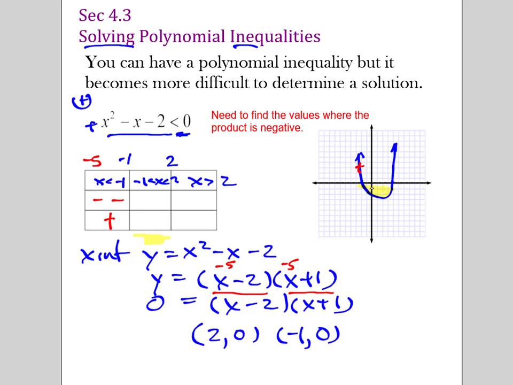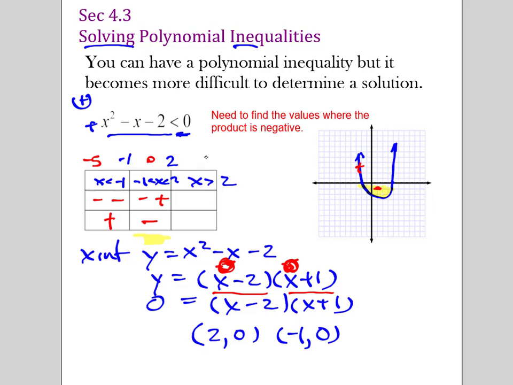These are all positive values that are plotting on the graph. If we choose a value between -1 and 2, let's choose a 0, and I change this to a 0, now I have a negative times a positive. And big surprise, we get a negative value there, which is this value right in here.